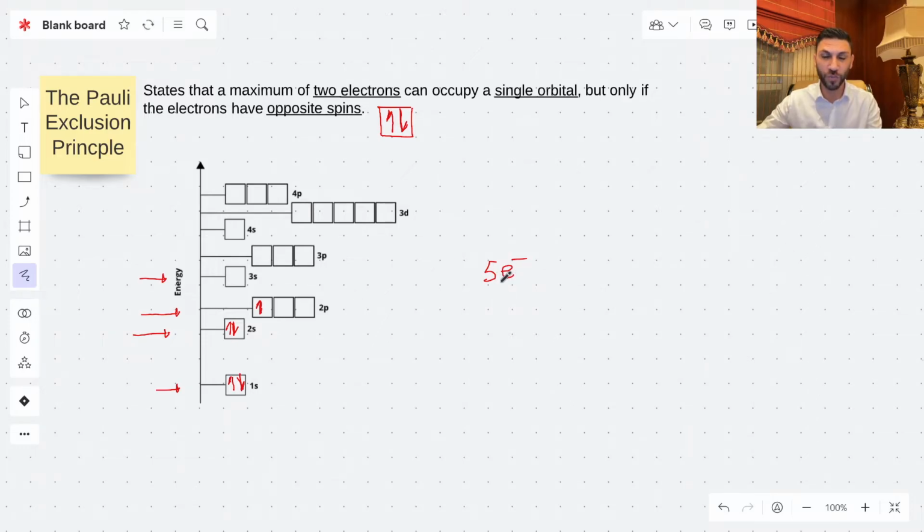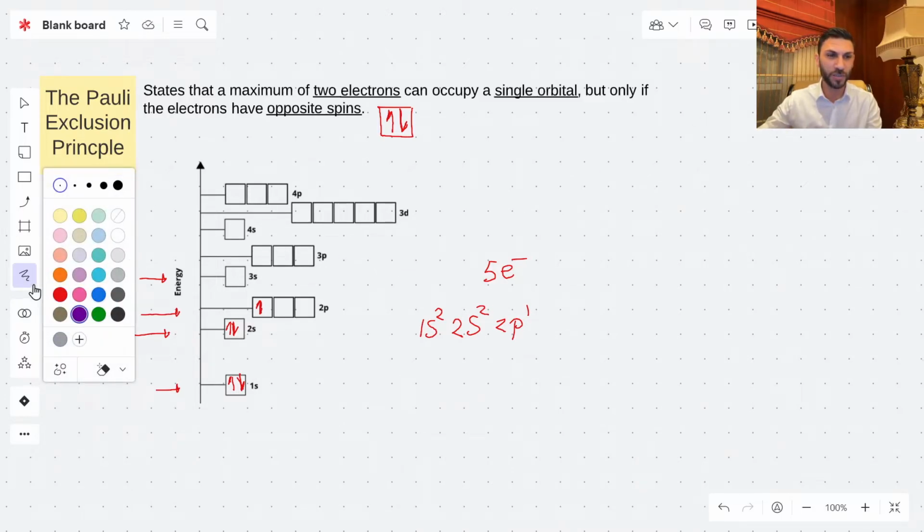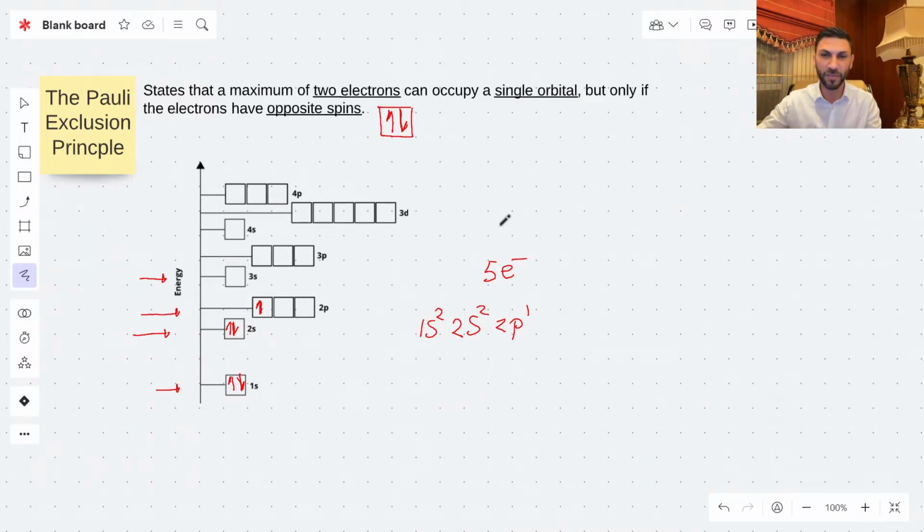So the electron configuration now: 1s has 2 electrons, 2s has 2 electrons, and 2p has only 1 electron.